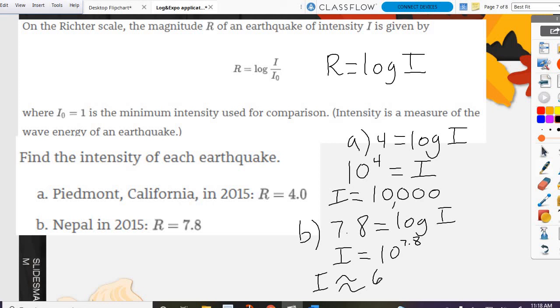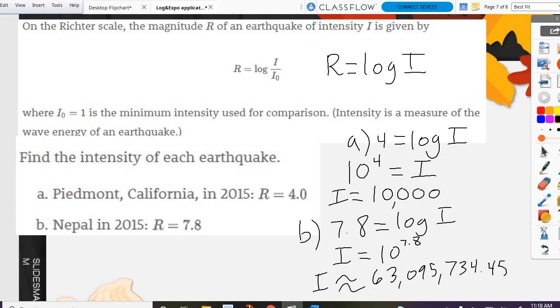Hold on. I need one person. What is it, Nate? Nate, read it to me. 63,095,734.45. You said 95,000. Yes. And then what? 734.45. 0.45? Yes.